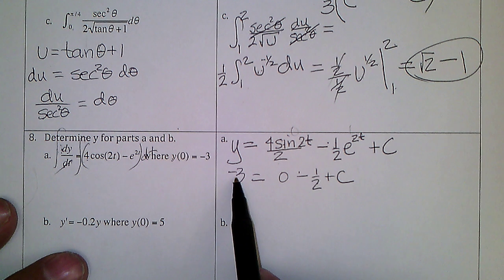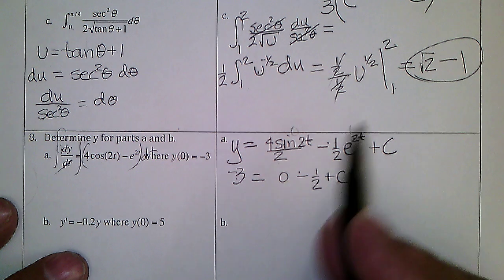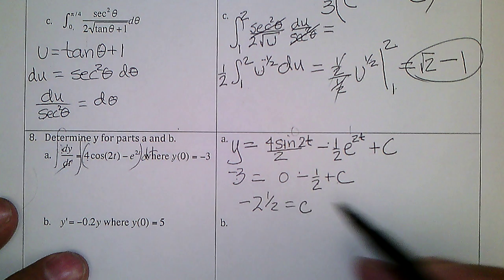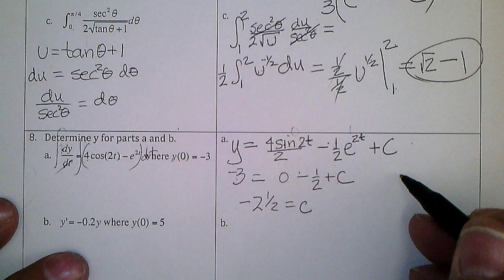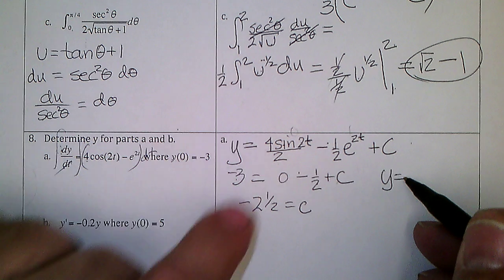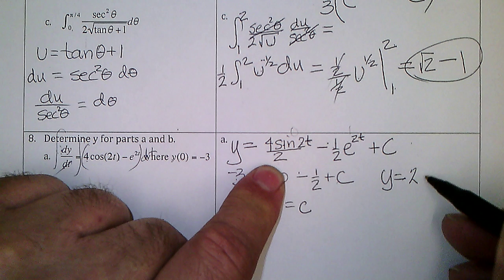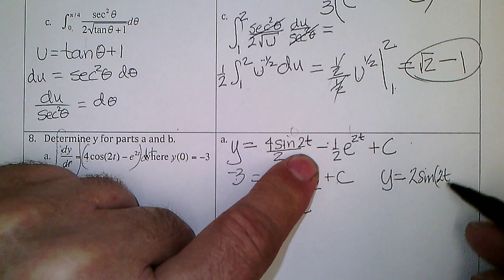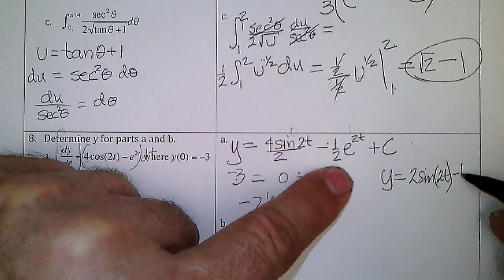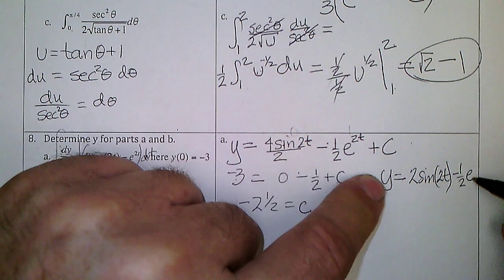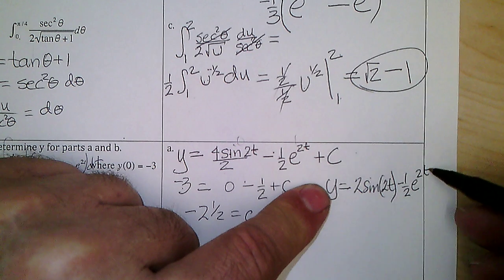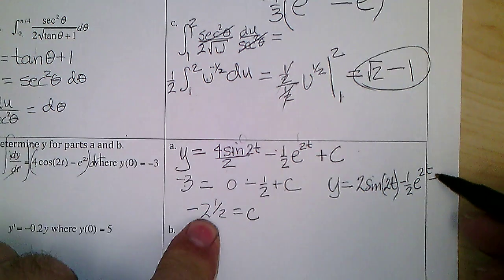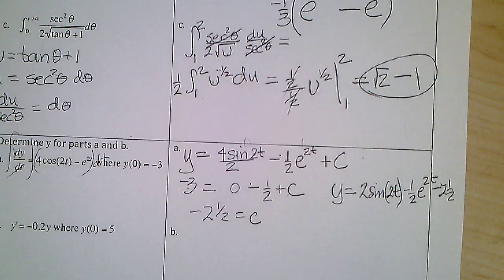So if I add a half, I get negative 2.5 for c. So y equals 2 sine 2t minus 1/2 e to the 2t minus 2 1/2.